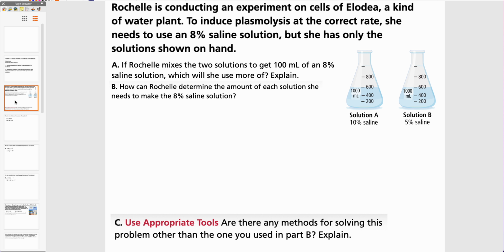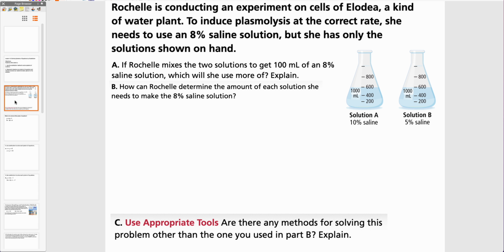All right. Part B. So how can she set them up? Usually we use X and Y, right? But can we use other letters?